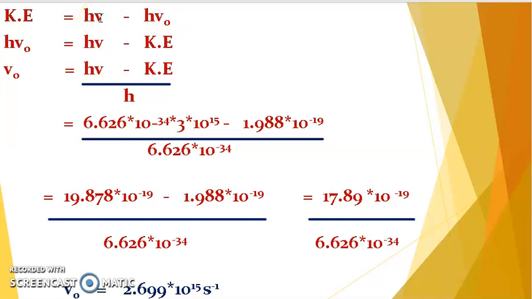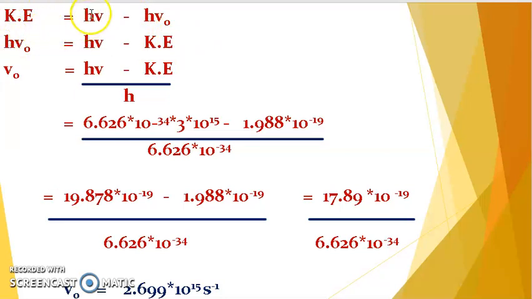The striking photon has the energy equal to h nu when it hits the metal. And h nu naught is the minimum energy required to eject an electron.